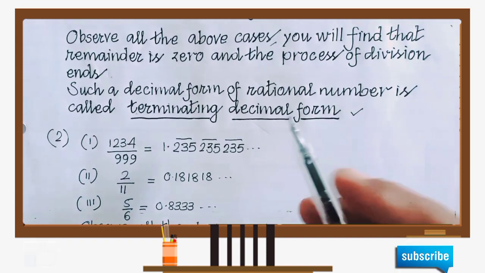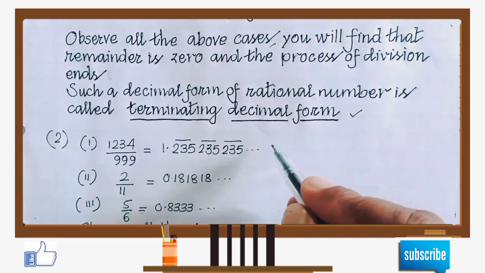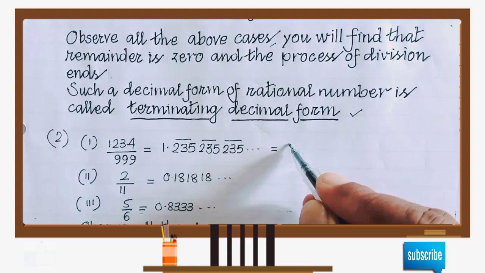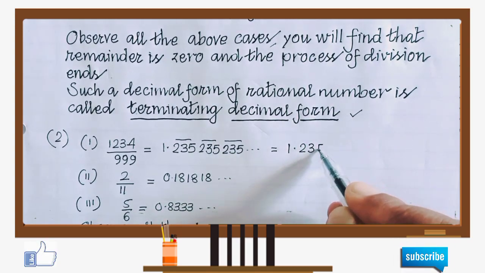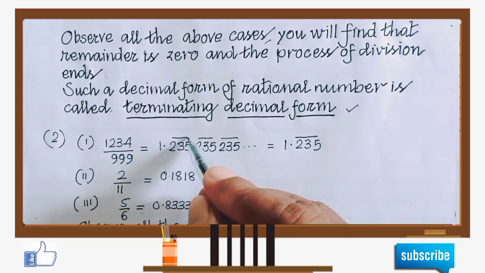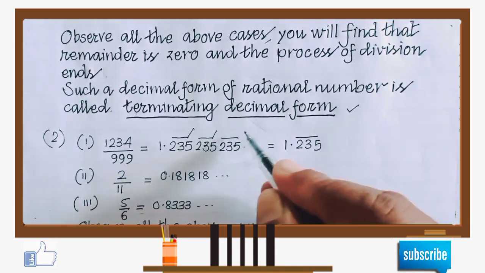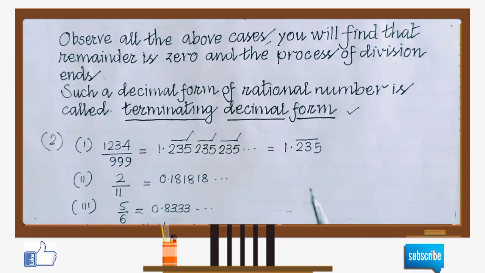In such a case we are getting the quotient in this way, 235 235 235. In this case we can write the answer as 1.235 with a bar. This is one group, this is another group, this is another group. Means these groups are repeating again and again.